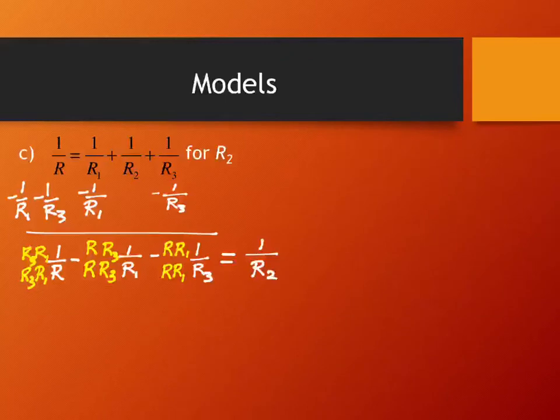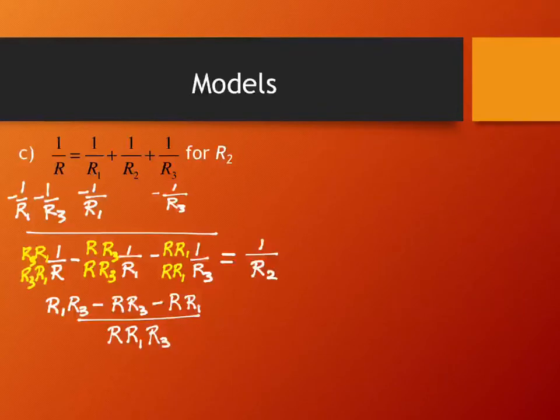So on the left-hand side, I now have, and I'll write them in order, R1 R3 minus R R3 minus R R1, and it's all over R R1 R3. Okay, so I know it's messy, but is everybody good with where all the pieces came from at this point?